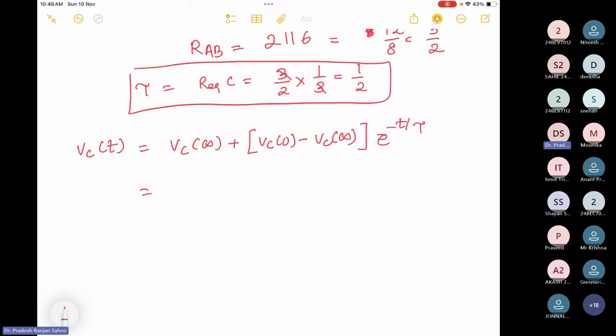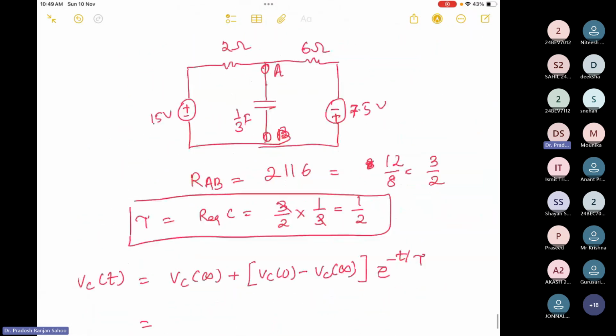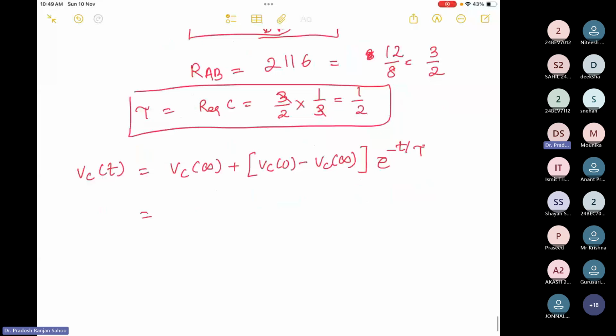What is the value I got? 9.38 plus VC0, I got 15 minus 9.38, into e to the power minus t divided by 1 by 2.